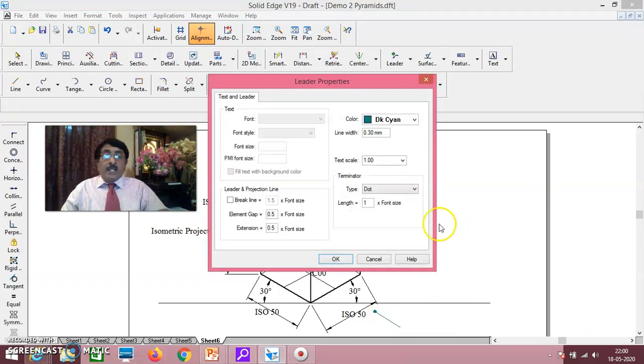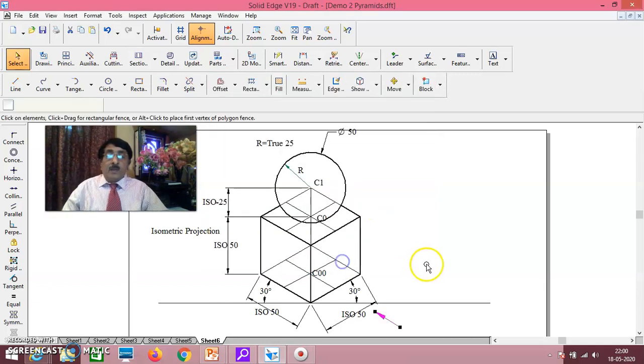I can give this direction of vision for front view. If I give this, you have to write front view, that is in this direction, top view.